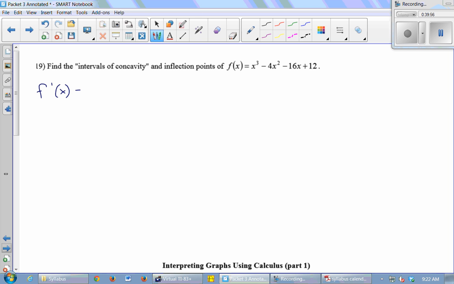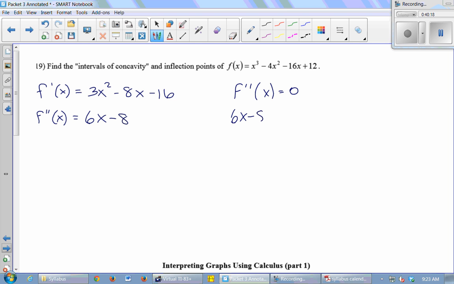So f prime of x is 3x squared minus 8x minus 16. And f double prime of x is 6x minus 8. We set f double prime equal to 0, and we get x equals 4/3.